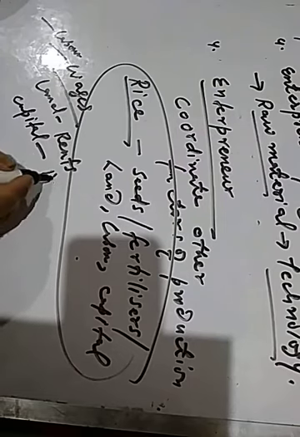Before that, I will tell you that the price paid to the labor is known as wages, and the price paid to the land for its use in the production process is known as rent, and the price paid for the use of capital is known as interest.